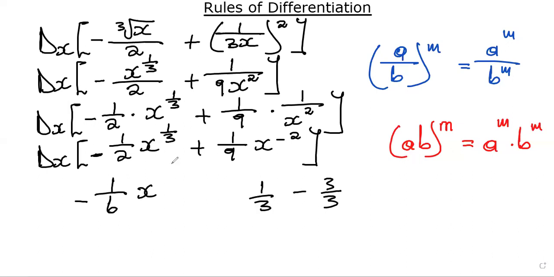So we get -2/3. And then we come to the second part, we say exponent multiplied by coefficient. So -2 by 1 over 9, it's -2 over 9. And then we subtract 1 from the exponent.